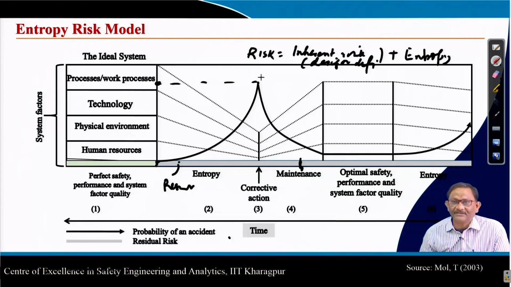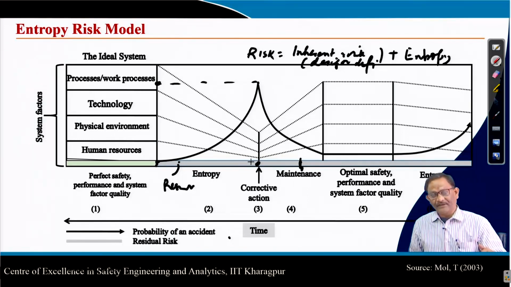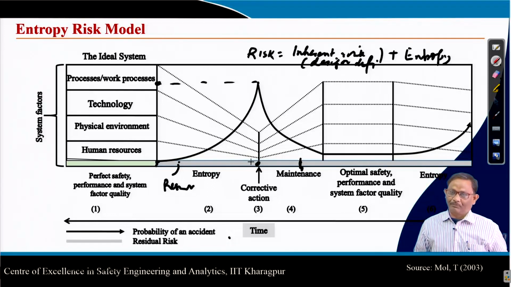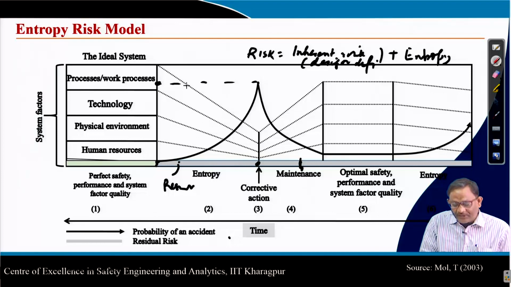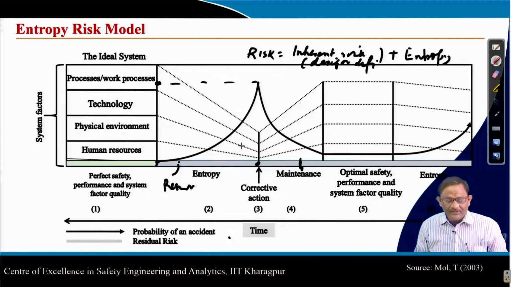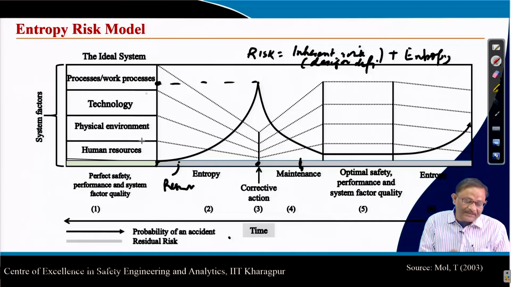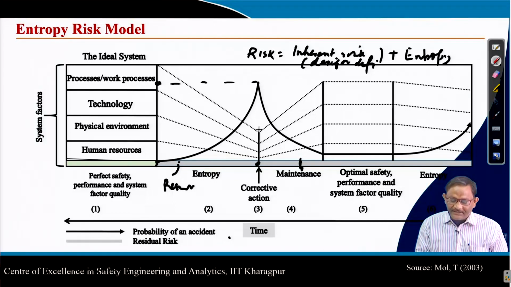Once the incident takes place, corrective measures to improve the system components start. If you see the dotted line, these are basically declines, meaning the performance or ability is reducing, and as a result risk is increasing. And at this level, the accident takes place.